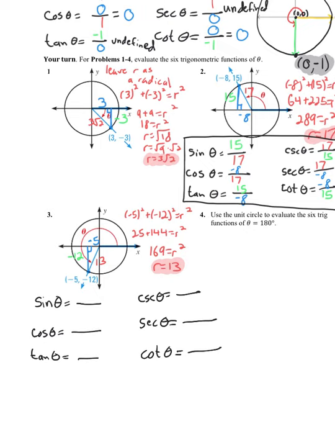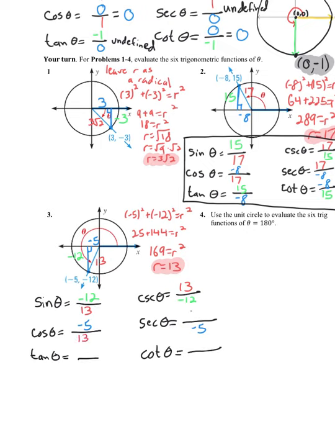And again, sine is opposite over hypotenuse. Hypotenuse is always a positive number. And that means our trig ratio becomes -12/13 for sine, -13/12 for cosecant. And then cosine is going to be -5/13.